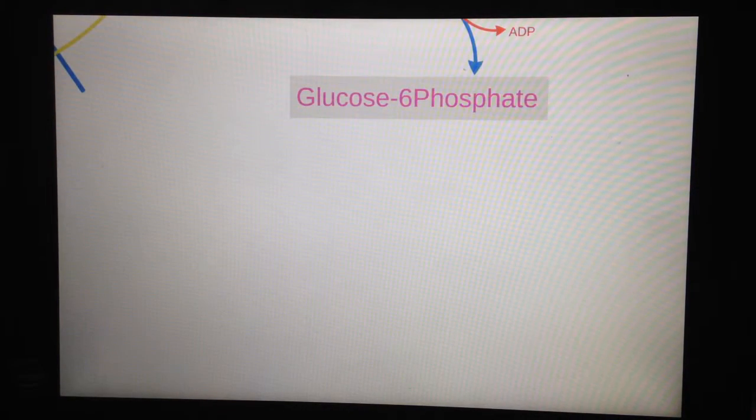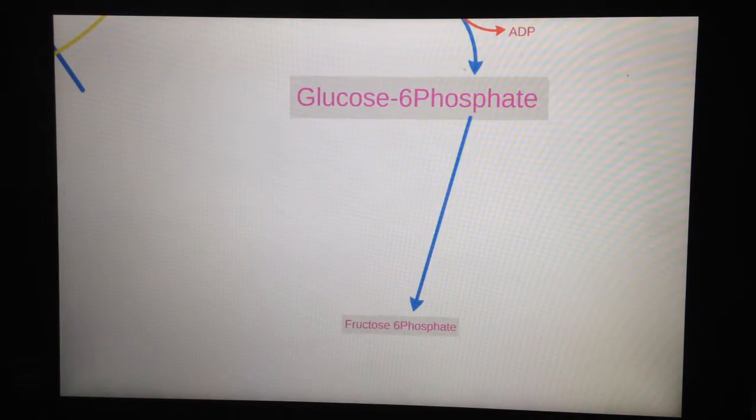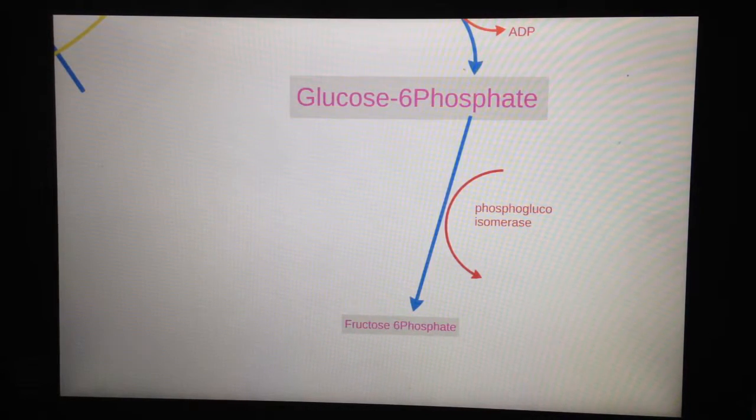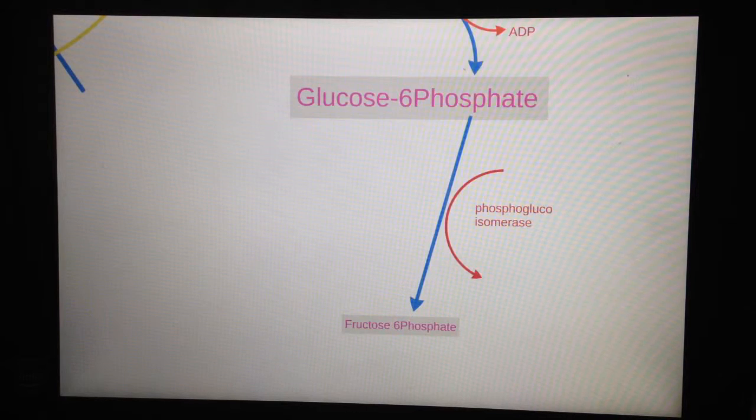Next, the second step in glycolysis is glucose 6-phosphate converting into fructose 6-phosphate using an enzyme called phosphoglucoisomerase. This enzyme has the name isomerase in it, which suggests the conversion of something into an isomer of itself.